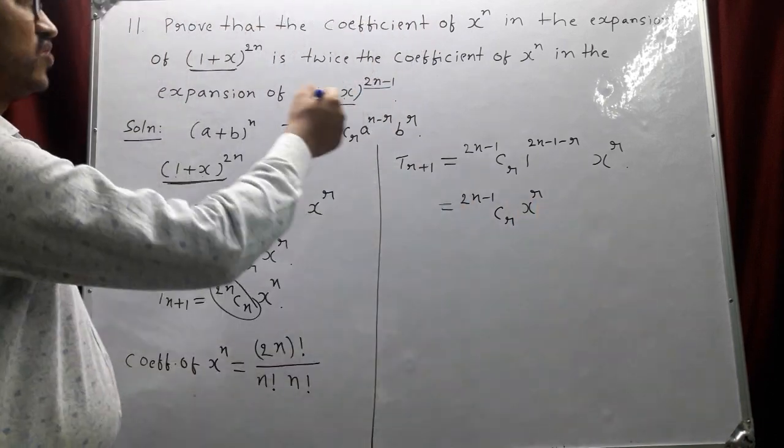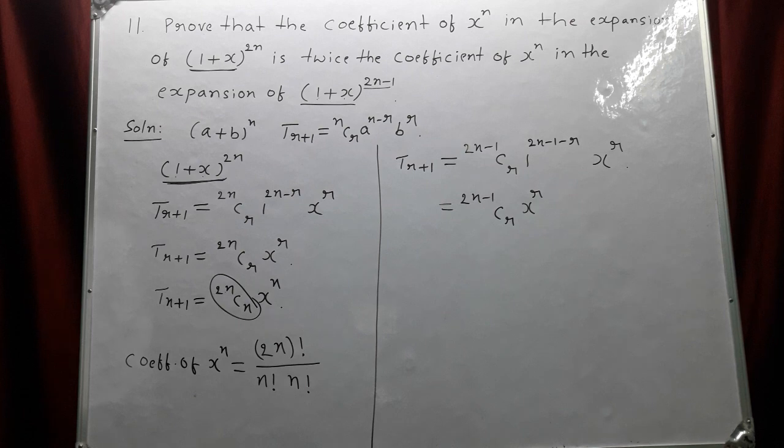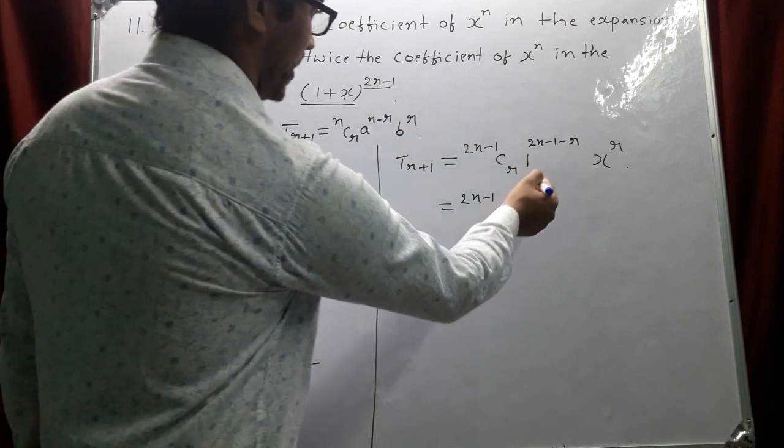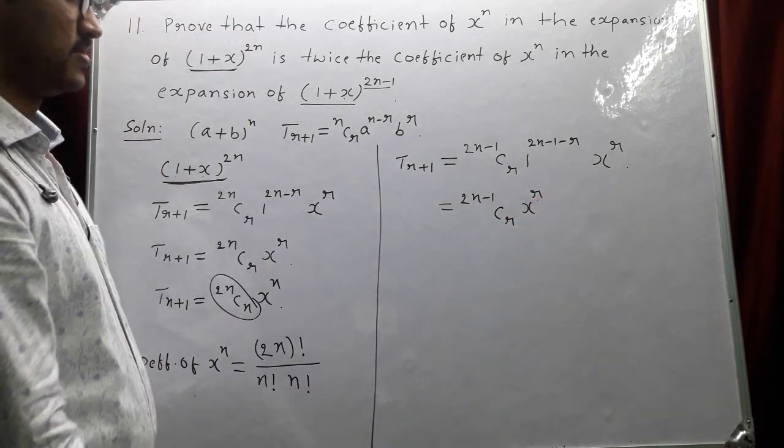But we need the coefficient of x^n. So let us take r = n.